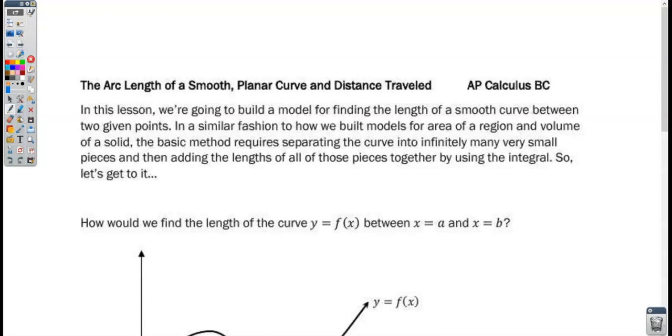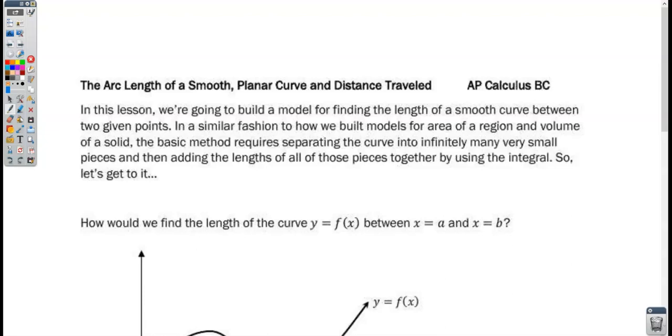So basically in the past we've built integral models to find the area of a region or the volume of a solid, and the basic method that we use in those contexts is we try to subdivide them into an infinite number of infinitely small things.